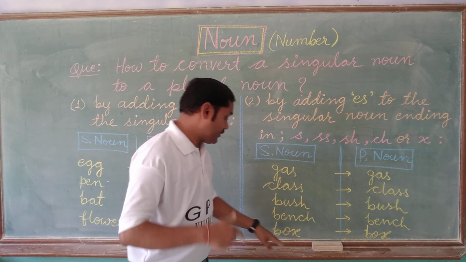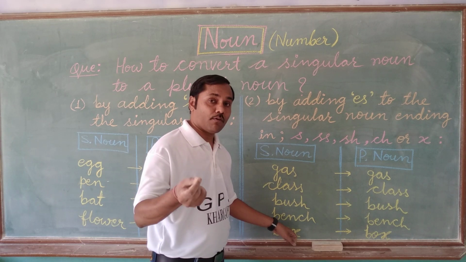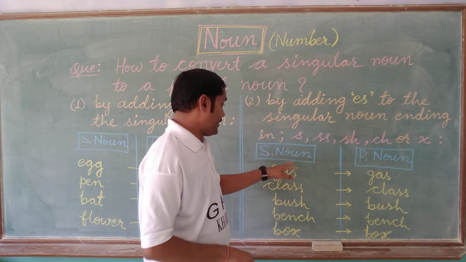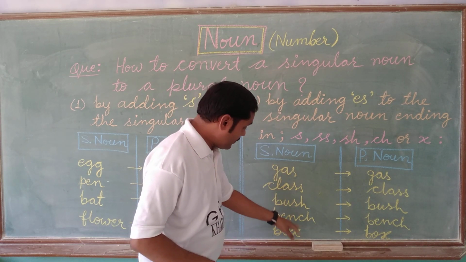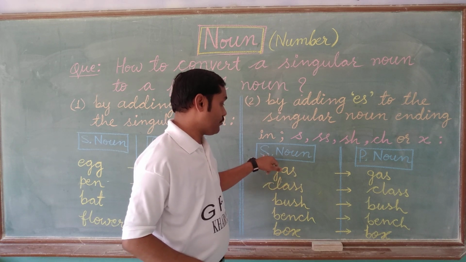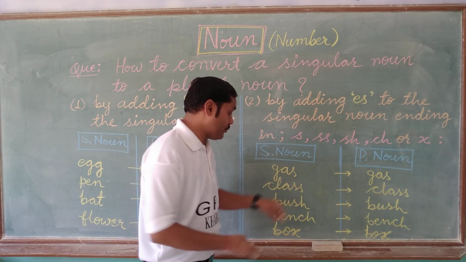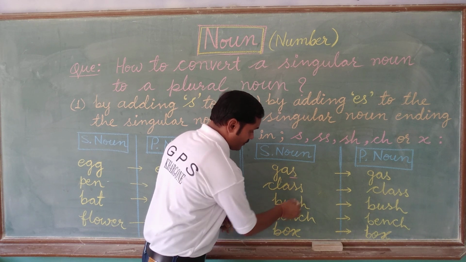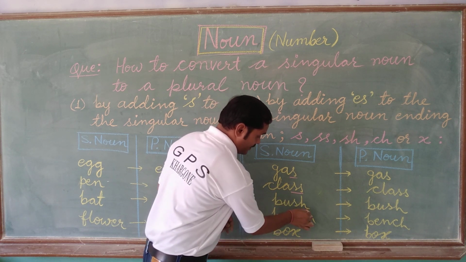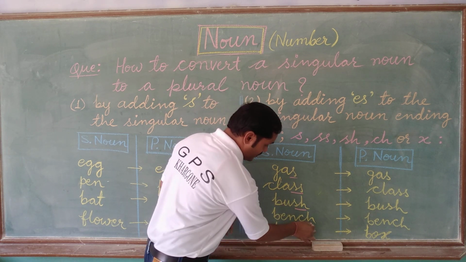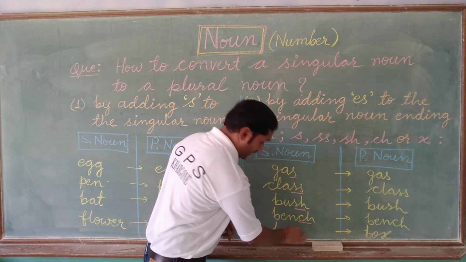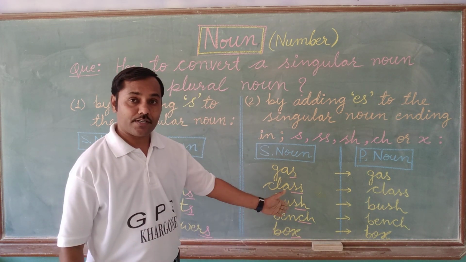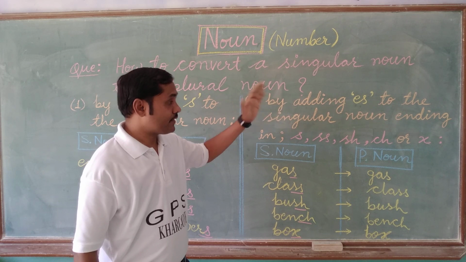So I will teach you about it later. Okay. We learn about only 5 conditions here. When the singular noun is ending with S, double S, SH, CH or X, in this situation we can follow the second method.